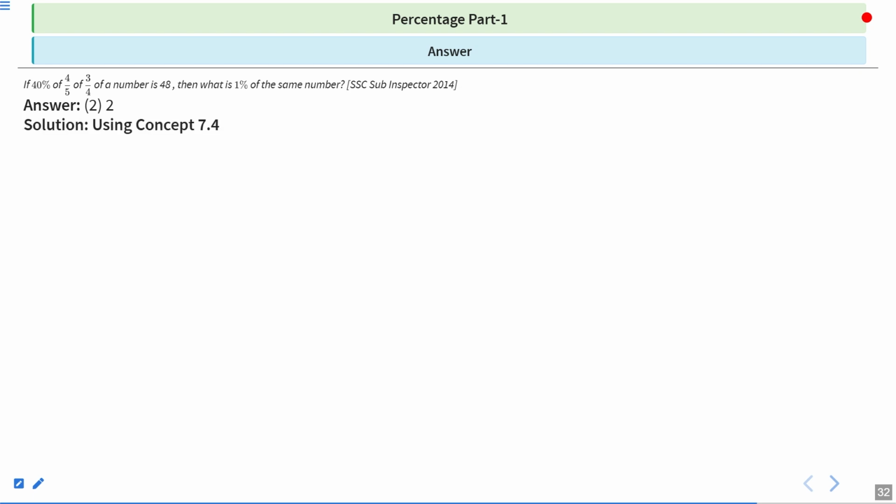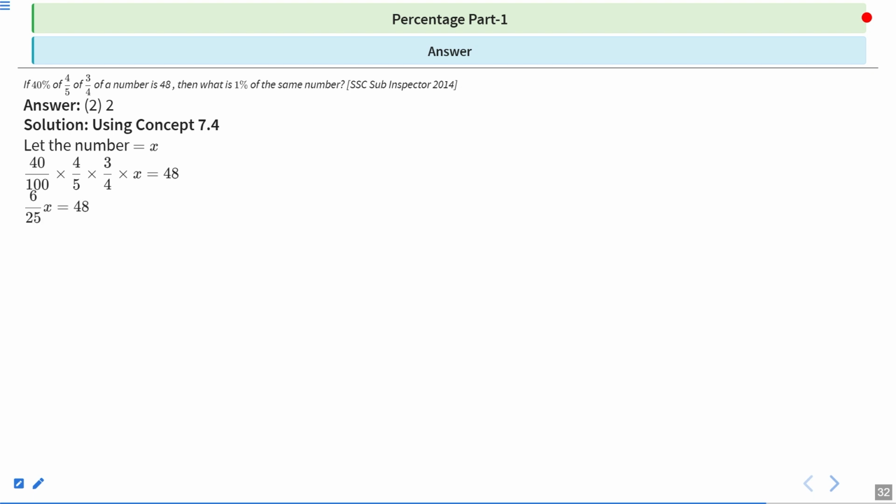Now see the detailed solution using concept 7.4 in this question. Let the number be x. So we write 40 upon 100 multiplying by 4 upon 5 multiplying by 3 upon 4 multiplying by x, which equals 48.